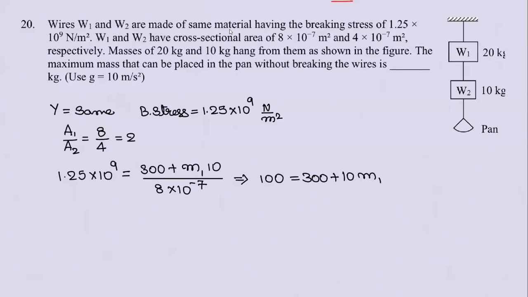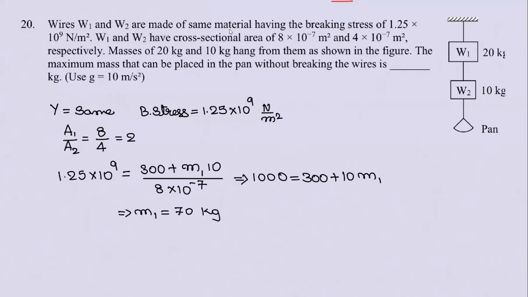No, 1000 it is, not 100, 1000. Check it. So that implies M1 is equal to, this is 1000, sorry. 1000 minus 300 is 700. 700 by 10 is 70. 70 kg.